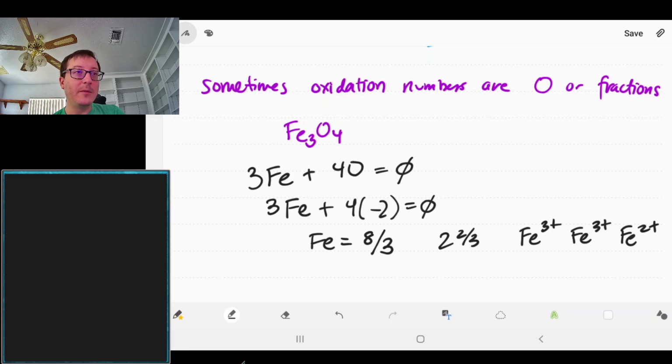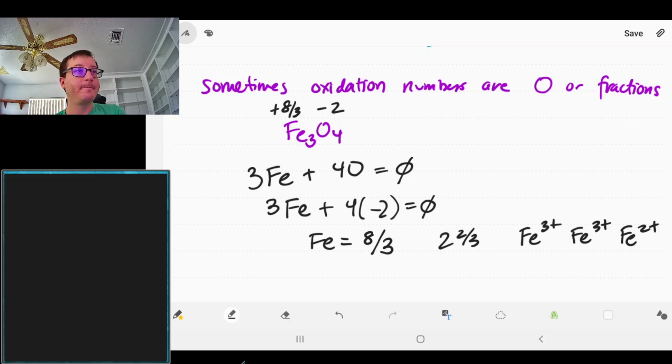So the oxidation number would be your average charge. Not very common to see something like this, but it does happen. So we would still list the oxidation number of the iron for this compound as 8/3. Or if you like, 2 2/3. I prefer 8/3, just why bother doing the math? Save yourself the time. So, yeah, totally okay. So we can have 8/3 and -2.